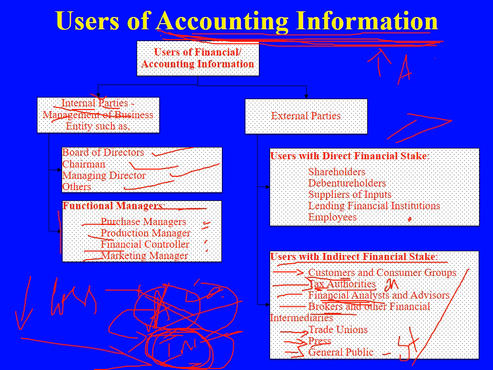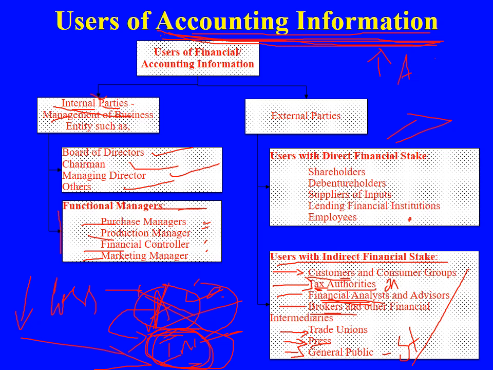Then what about the financial analysts? Financial analysts and advisors analyze the financial performance of the company in order to give ratings. We have CRISIL, we have ICRA. These are the rating agencies which rate the company's performance. We have credit rating agencies which rate the company's creditworthiness, whether they are capable of repaying the loans which they have borrowed.